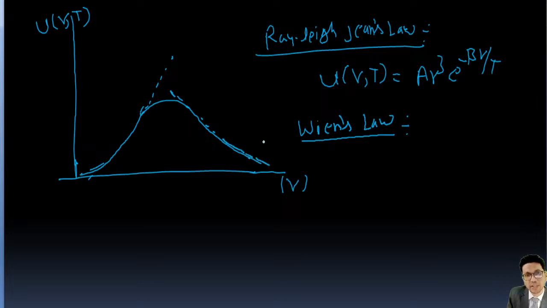Means Wien's law is valid for higher frequency, not for lower frequency, but the complete curve is not explained by classical physics.